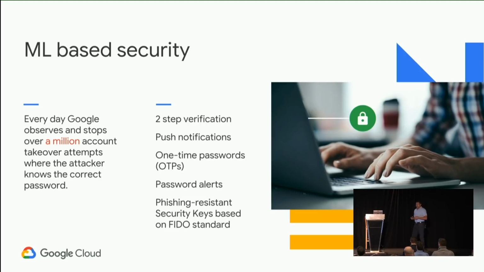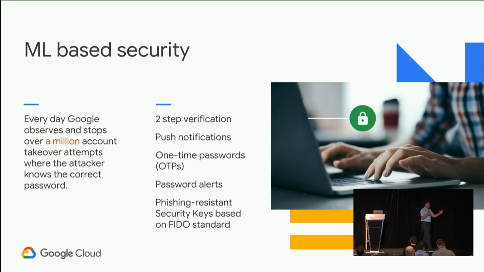Another part of security is Google's ability to see the threats, right? Google currently manages over a billion identities when you combine the consumer identities and also the enterprise identities. So we have this vast surface area on the internet where we are able to look at all the threats that are going on, new threat models, new threat vectors that are emerging on the internet.